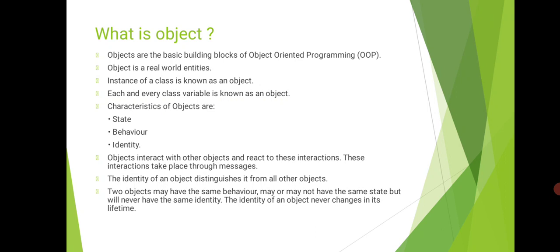So here, for example, we have customers, two customers, that is, you have a customer class. Let there be a customer class. In that customer class we have various attributes like customer ID, customer name, and customer age. The various objects of the customer class are C1 and C2.